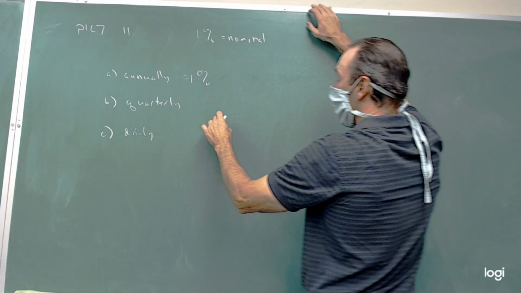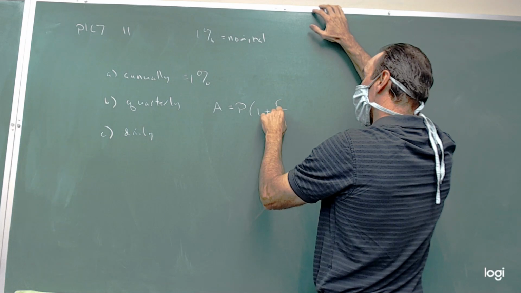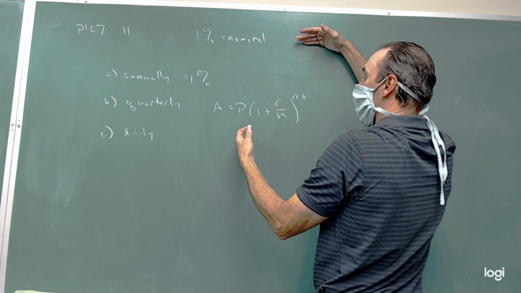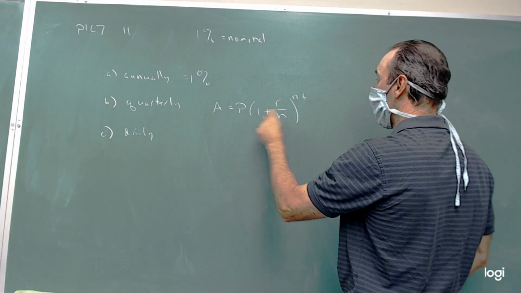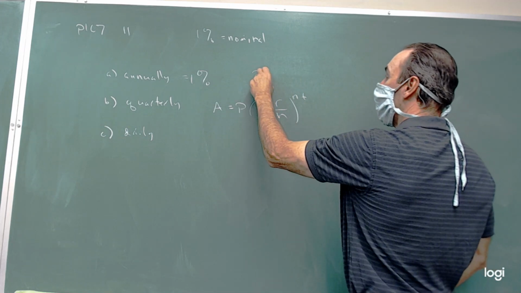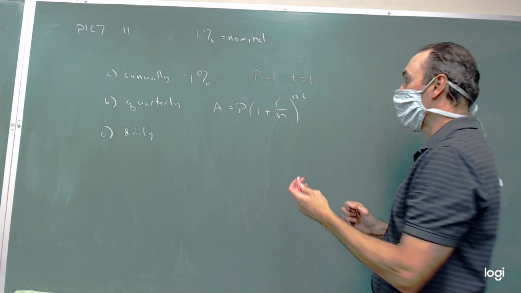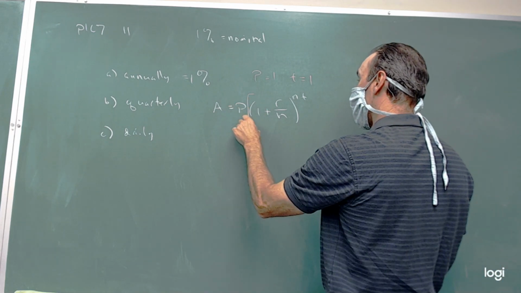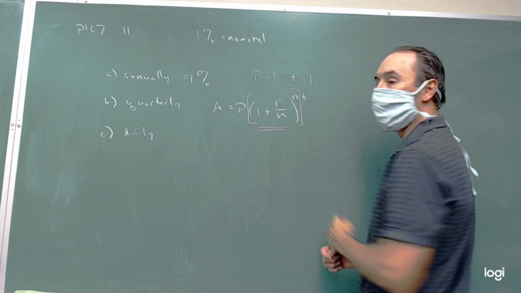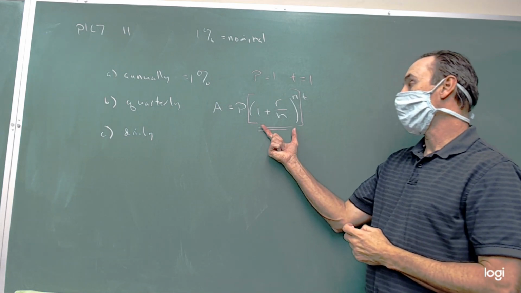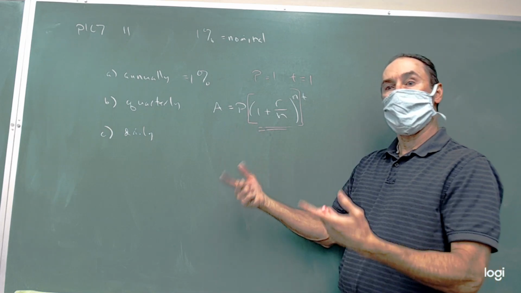On the quarterly, we're using our formula for compound interest. But what we really want to know is how much do we pay in 1 year. So we don't really care about the P, and the T is going to be 1. Some people like to think of it as P is 1 and T is 1, or you can just ignore the P and the T and look at this part right here, because this is what is going to multiply our P, our starting amount, in 1 year.